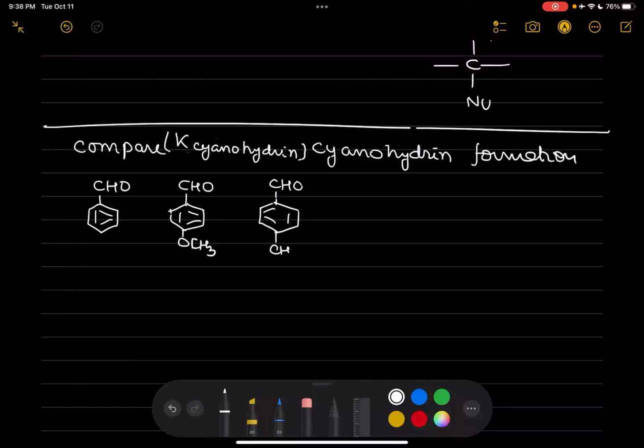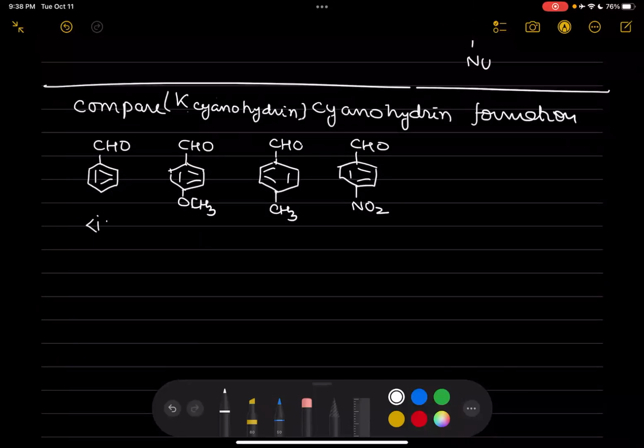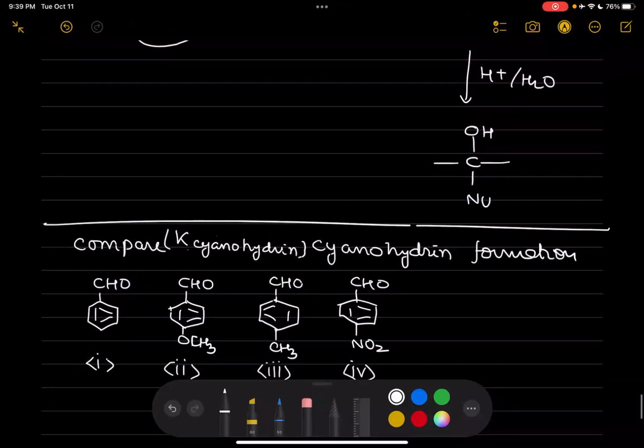Benzaldehyde having CH3 group, or benzaldehyde having NO2 group. So what's the comparison of cyanohydrin formation by all these reactants? Where the equilibrium is going to go more towards the product side.